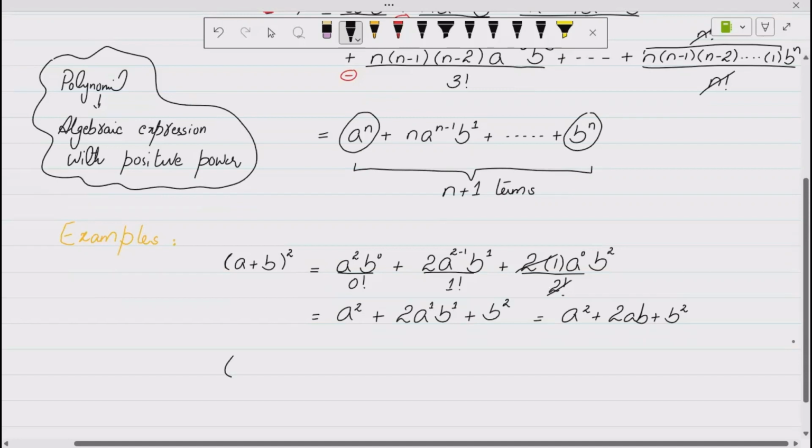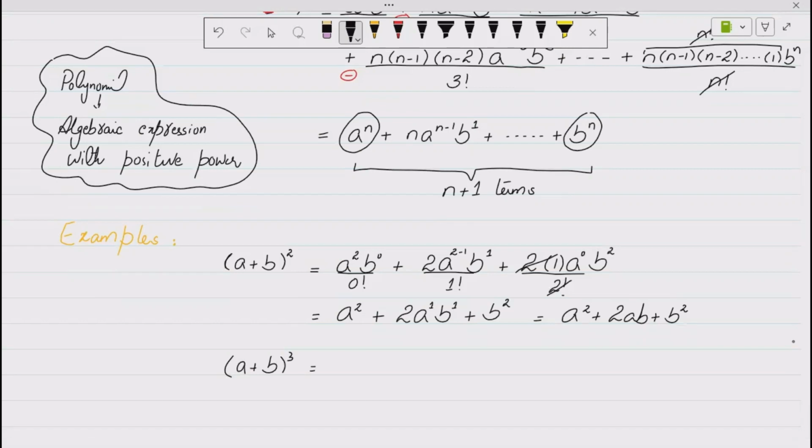Now take the formula of a plus b to the cube. Suppose you don't know the formula of a plus b to the cube, but since you now know the binomial expansion, how to expand using the binomial theorem, you can easily make any formula. So let's make the formula a plus b to the power cube.